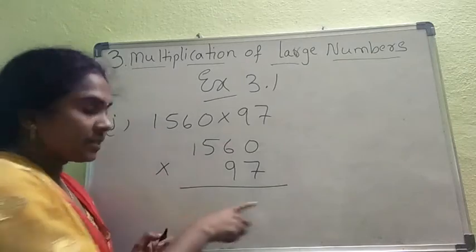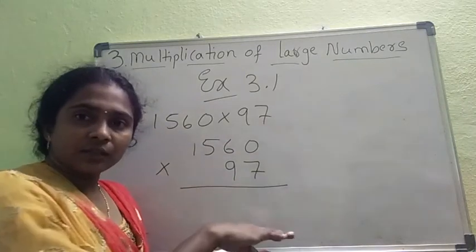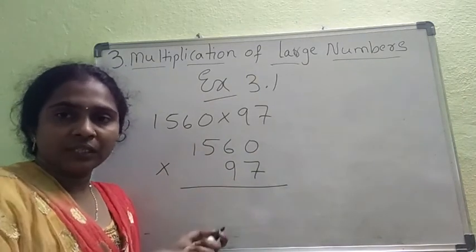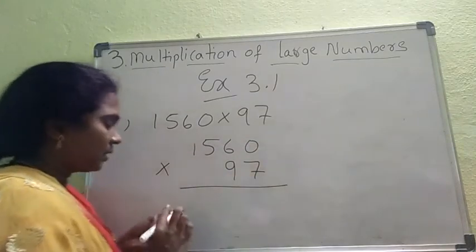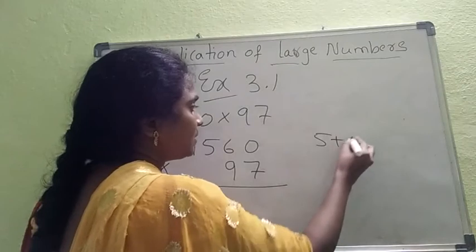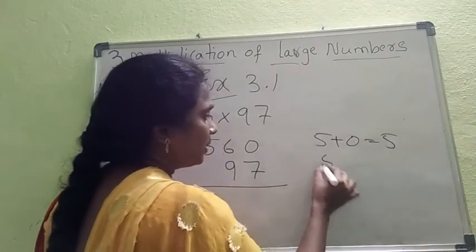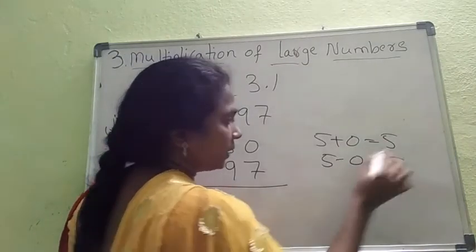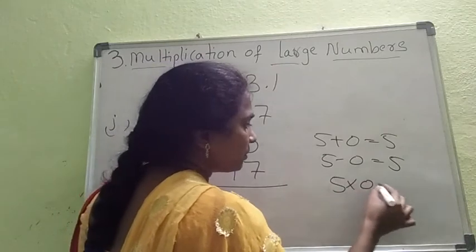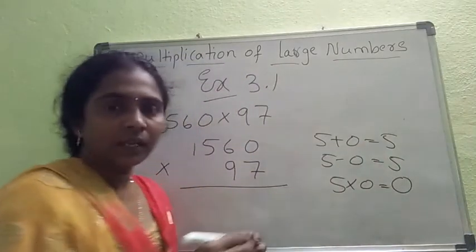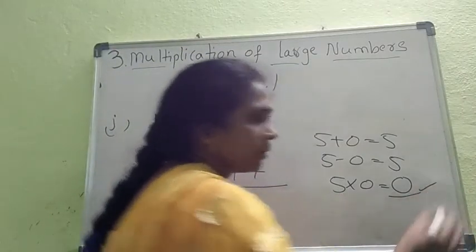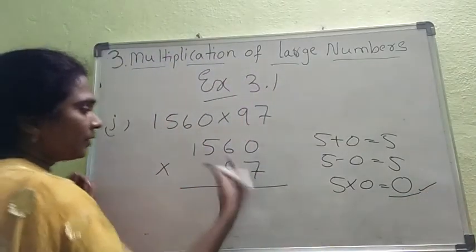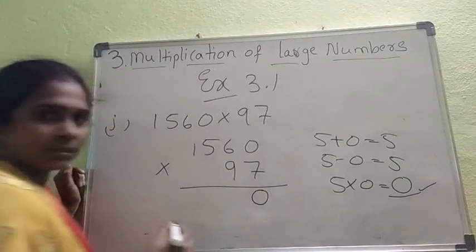In the previous session, we learned that if we add 0 or subtract 0 from any number, the value will not change. Like 5 plus 0, 5 only. 5 minus 0, 5 only. But 5 into 0 means 0 only. Any number you multiply with 0, the value is 0. Remember, okay? Now, 7 into 0, that is 0 only.